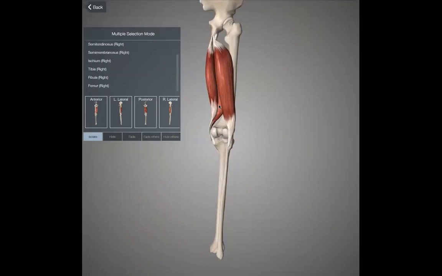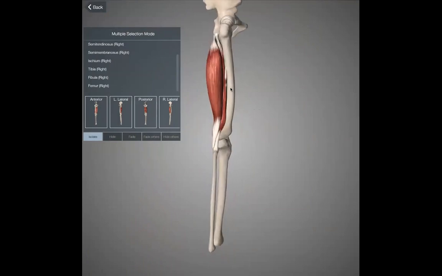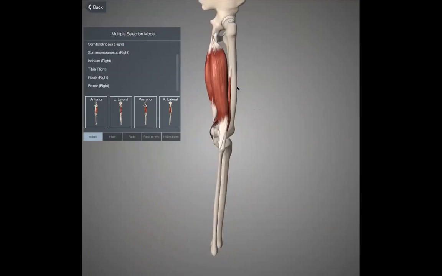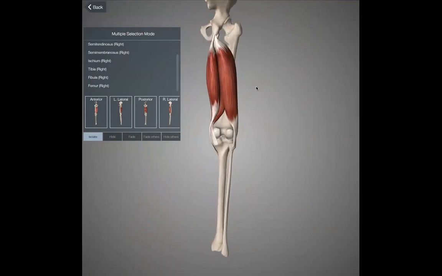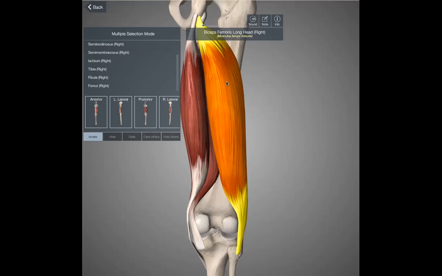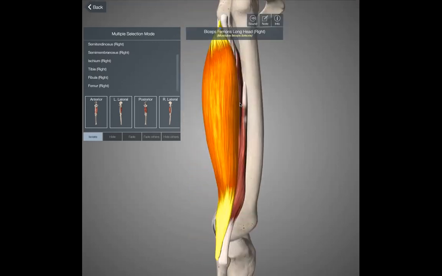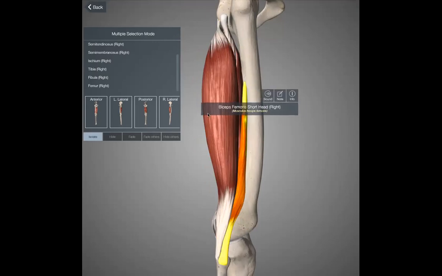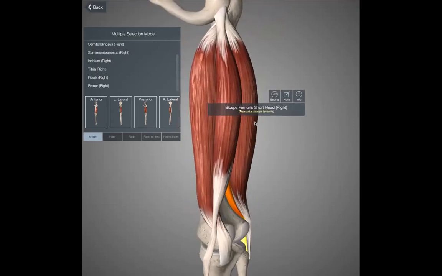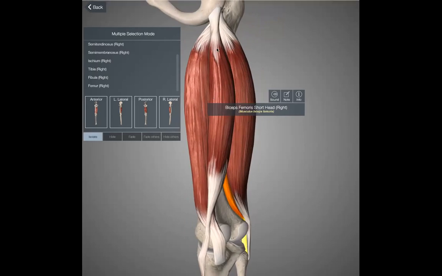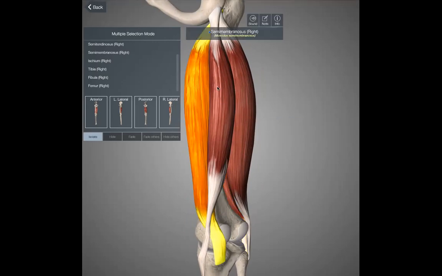First of all, you have to know that the posterior compartment of the thigh is made up of 3 muscles, but in total individual counts, we will say 4. First, we have the biceps femoris long head, the biceps femoris short head, and then a sort of bed and someone sleeping on it.